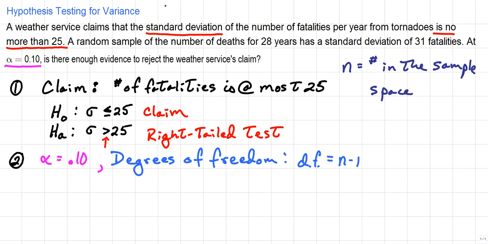And in this case, the sample space is going to be the number of deaths for 28 years. So n is equal to 28. So degrees of freedom for this problem is going to be given as 28 minus 1, which will be equal to 27.